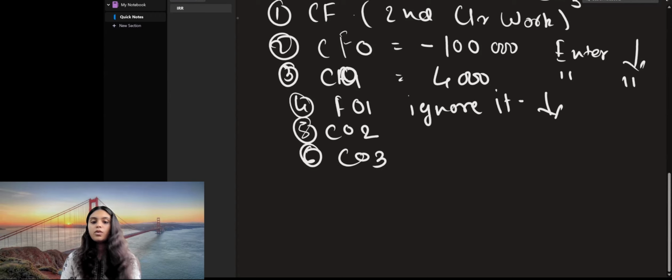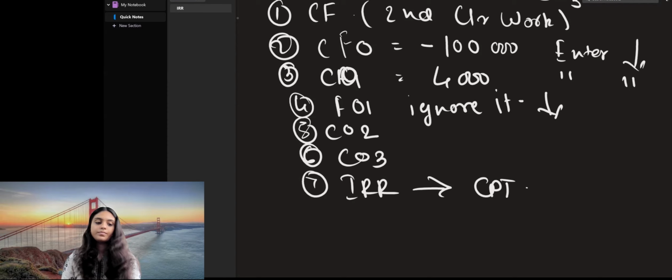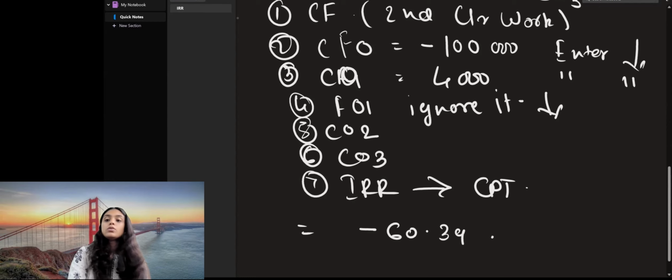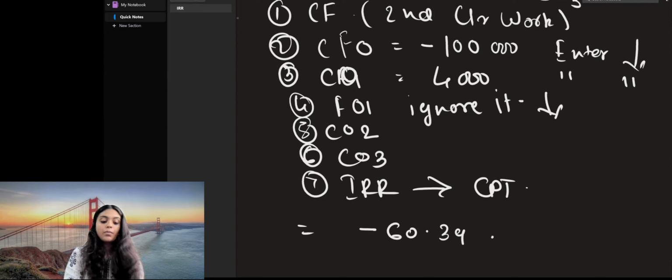Then seventh was click IRR and then compute button. Our answer has come to minus 60.39. So what does it mean? It means that you have earned an average of minus 60.39% every year. Obviously minus means you're in loss, but this is what it was.